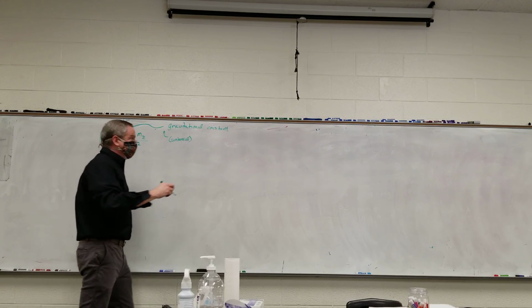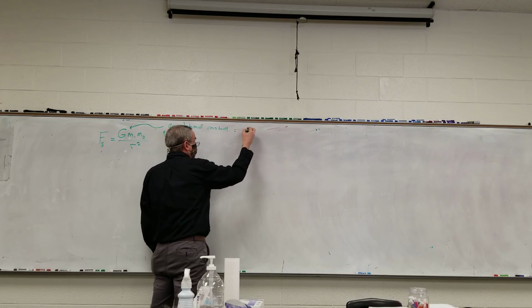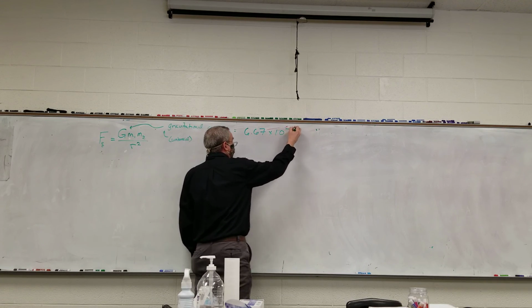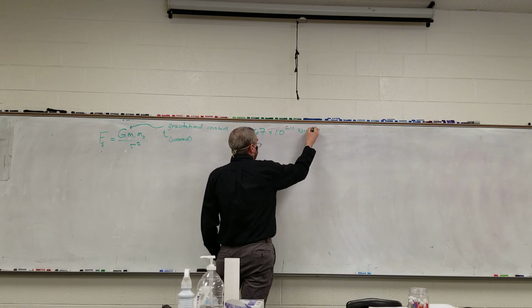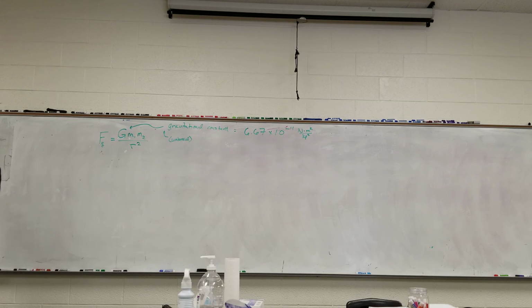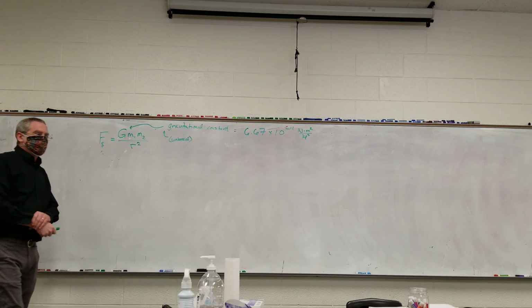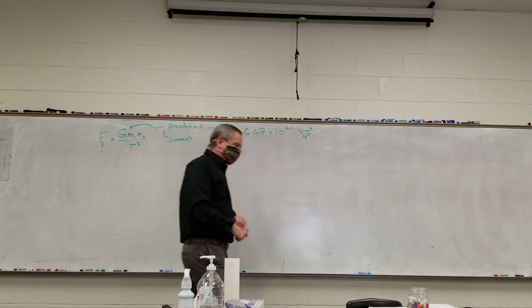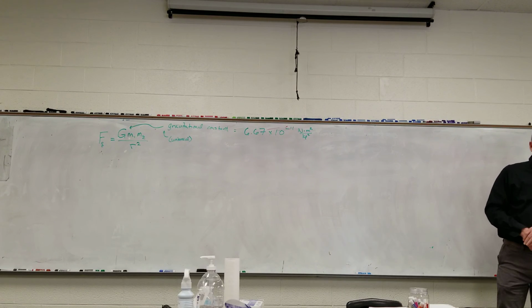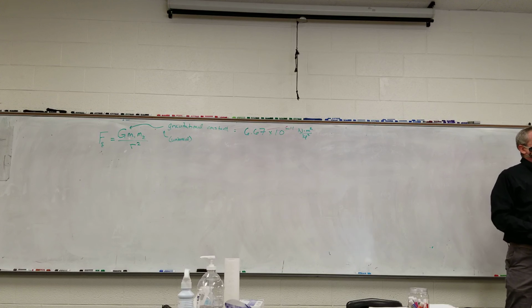It has a value, 6.67 times 10 to the negative 11th newton meter squared per kilogram squared. It is also one of those things that sometimes students will just call gravity.